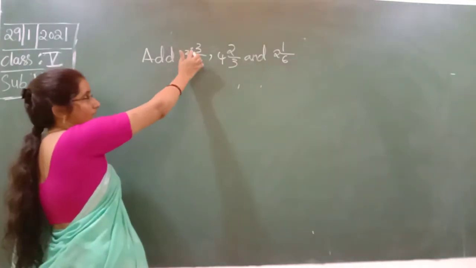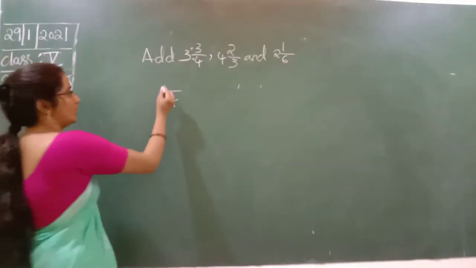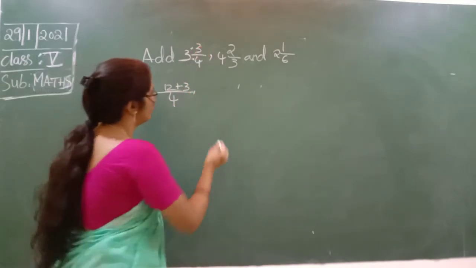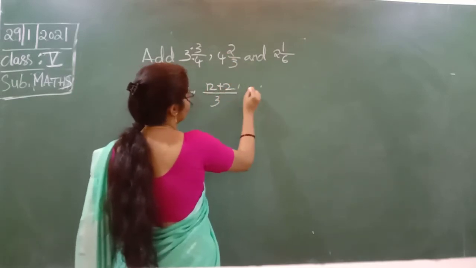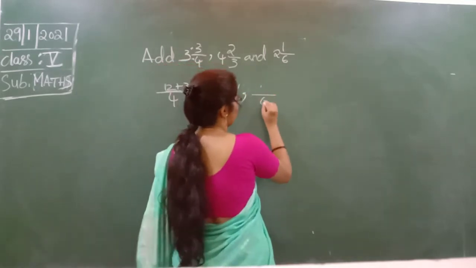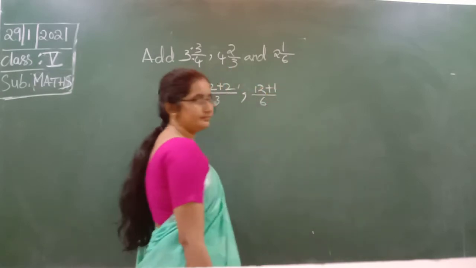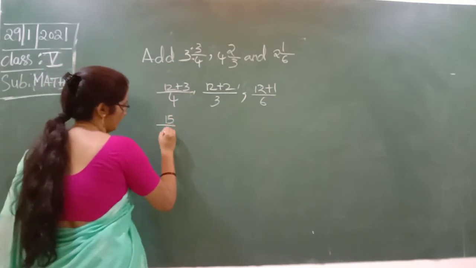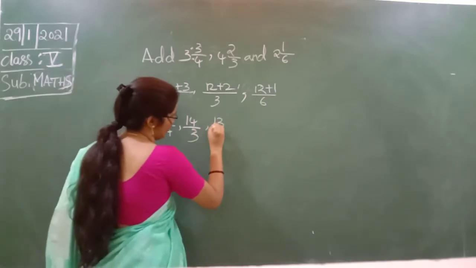Here 4 into 3 is 12, 12 plus 3. 3 into 4 is 12 plus 2. And 14 by 3, 13 by 6.